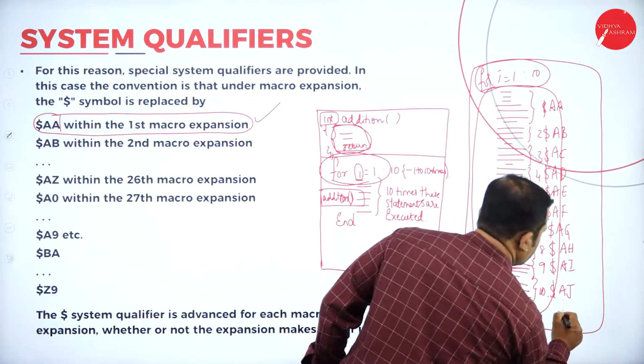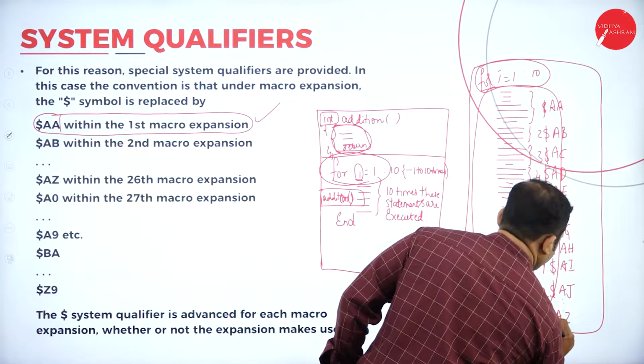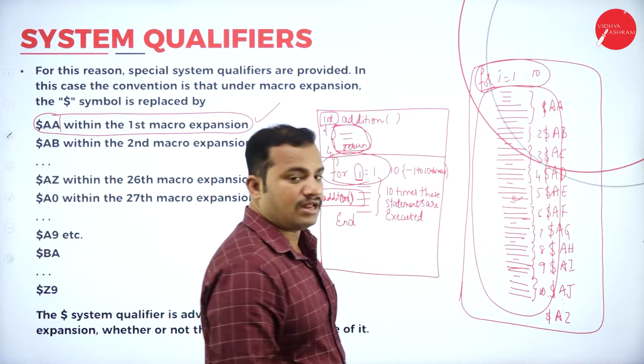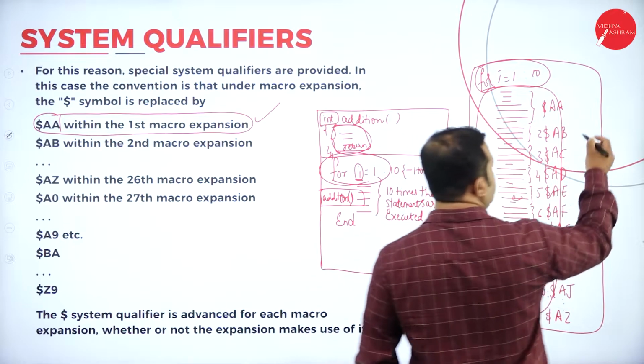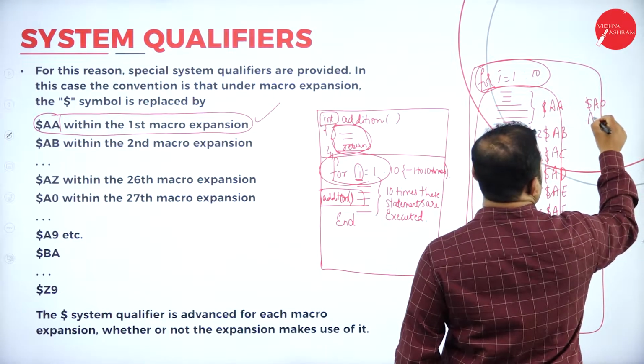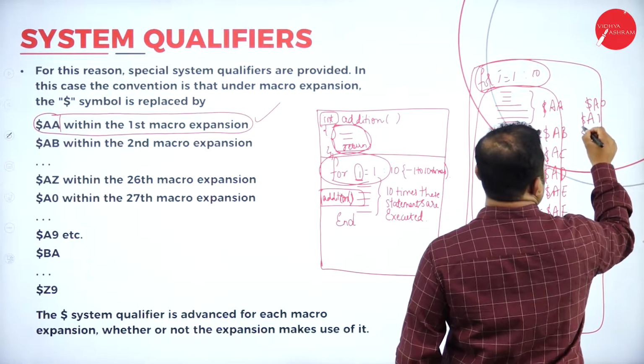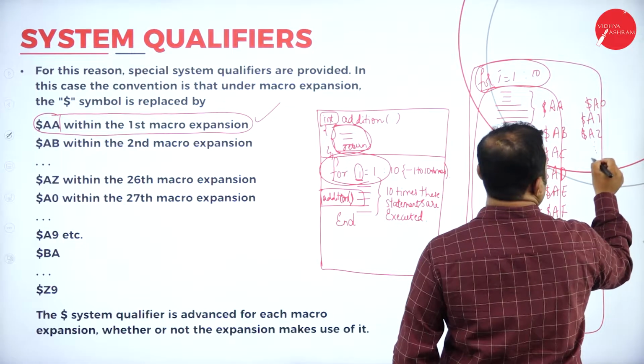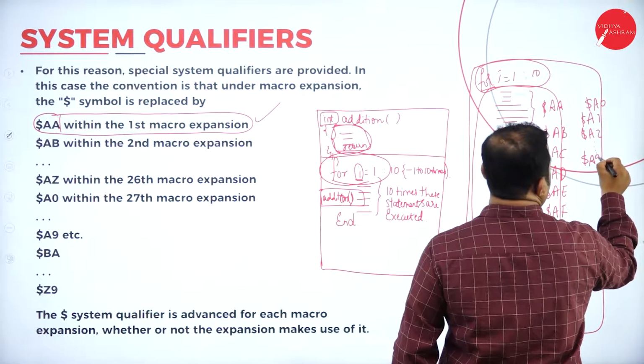So until $AZ. Similarly, if a few more things need to be represented, then it continues with $A0, $A1, $A2, so until $A9.